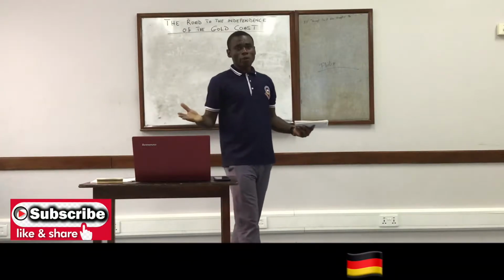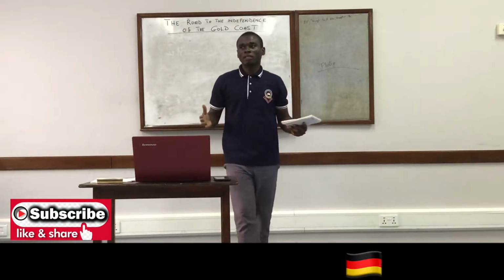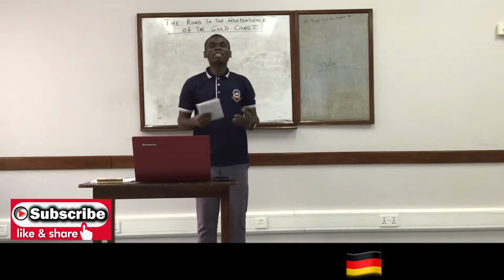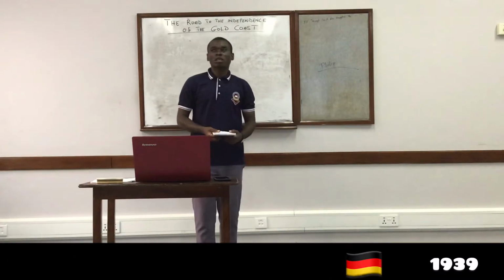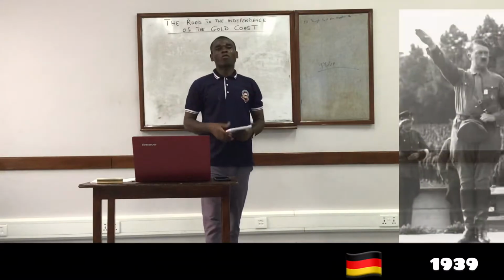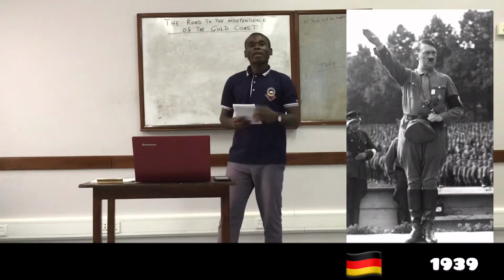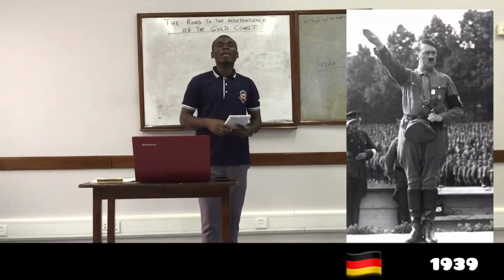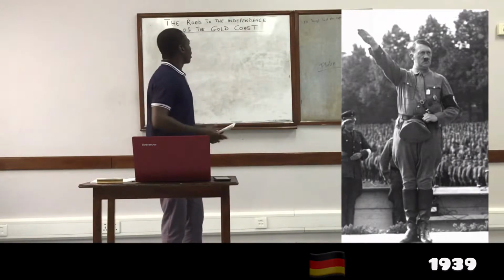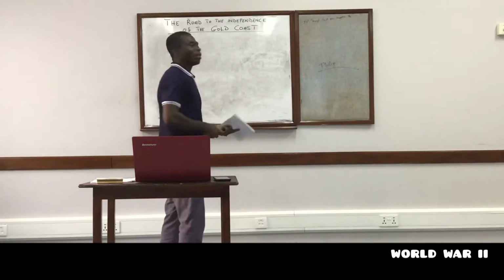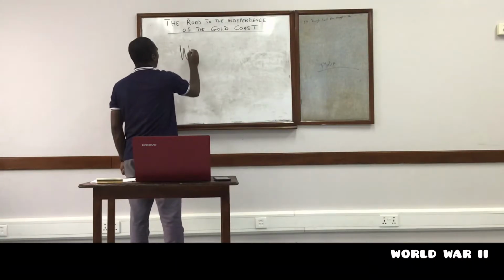So the Germans were not happy, but they couldn't say anything until 1939, when they got a leader whose name was Adolf Hitler. Hitler's point of view was to reclaim the German lands across the world. So it led to the Second World War, that is World War II.